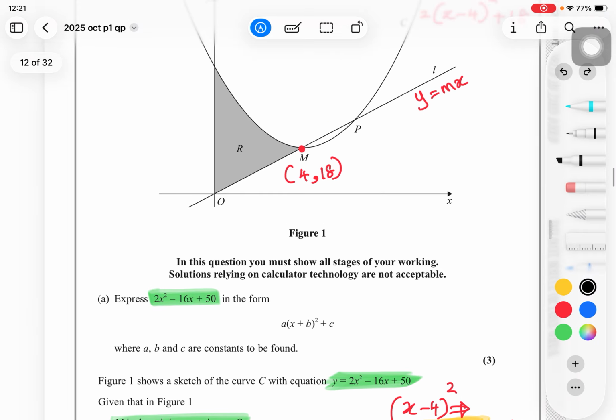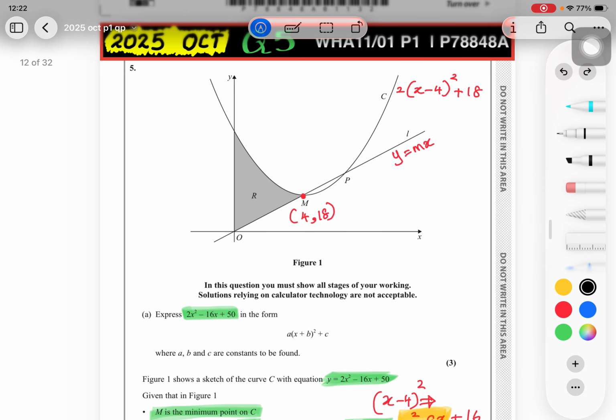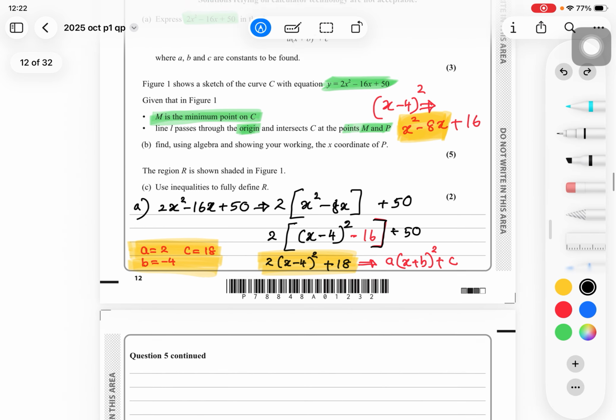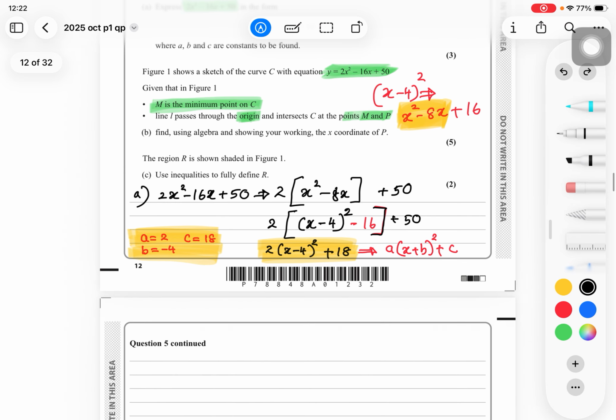Now with this, we have to find the x coordinate of P. To get the x coordinate of P, first of all we need the equation of the line. We know the y equals mx line. In the y equals mx line, we know 2 points. One is 0, 0, which is the origin.